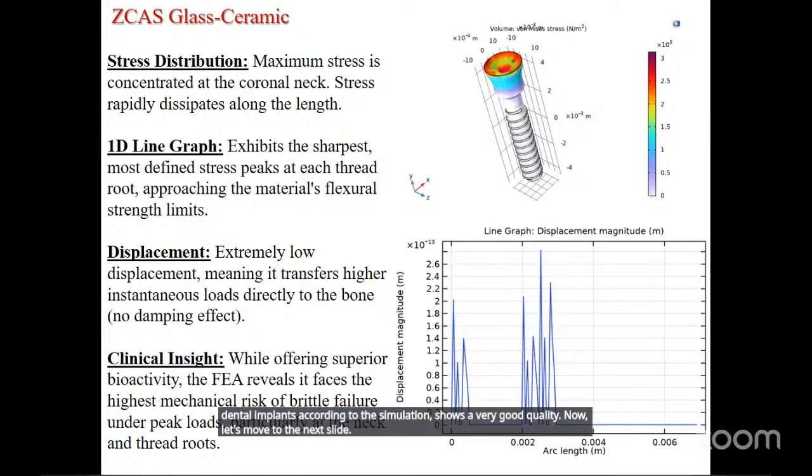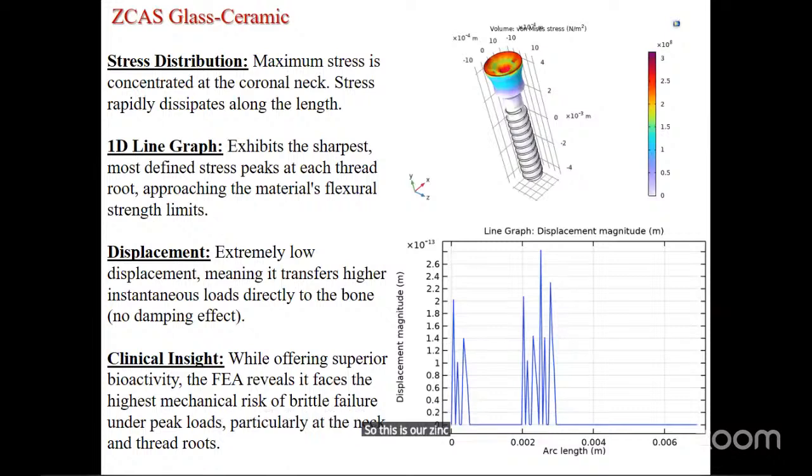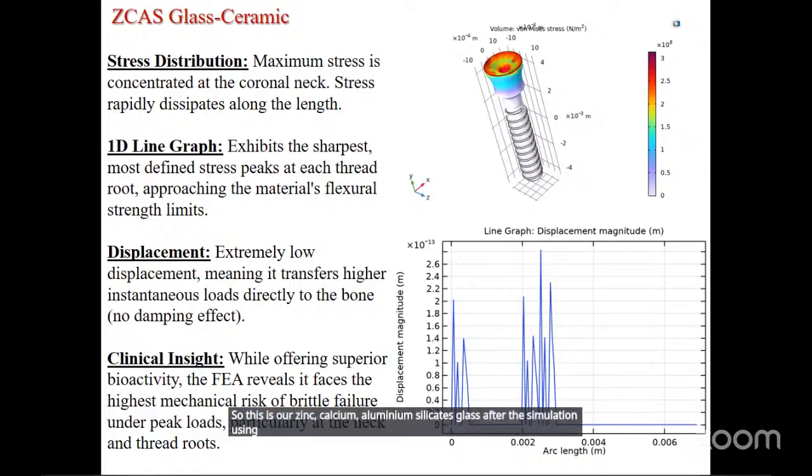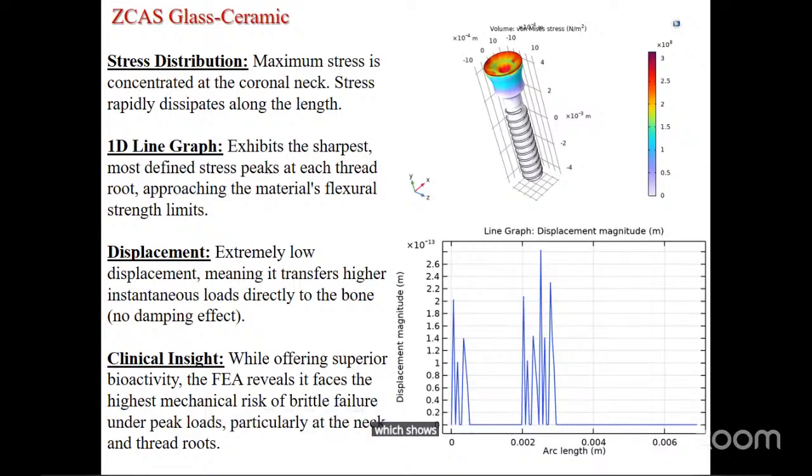So this is our zinc calcium aluminosilicate glass. After the simulation, using the same method and the same force, we can see at the top that it has reached the maximum and critical point, showing red color, which shows either cracking, bending, or deformity at the top.